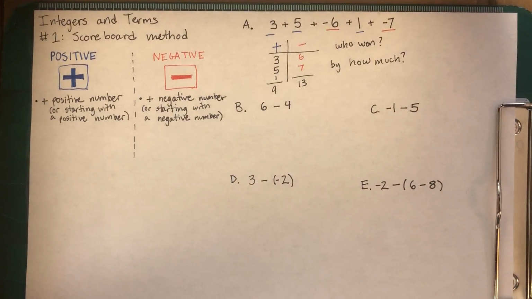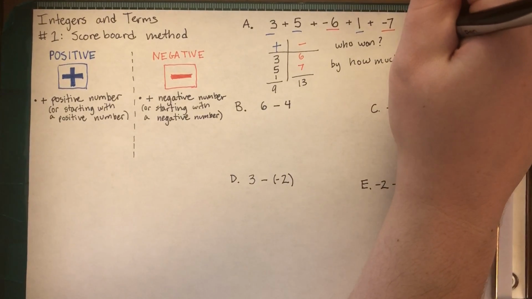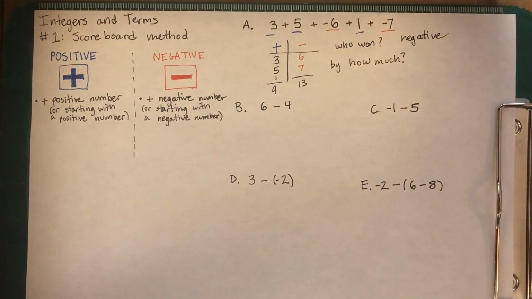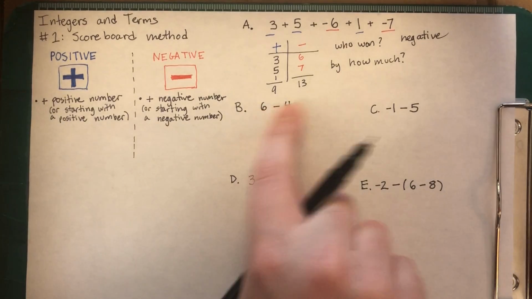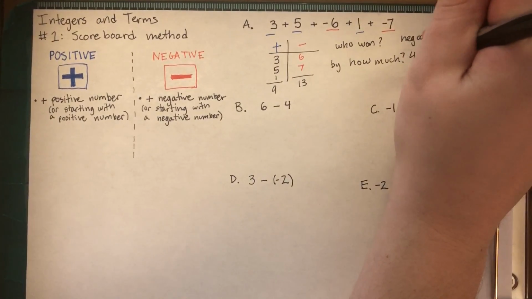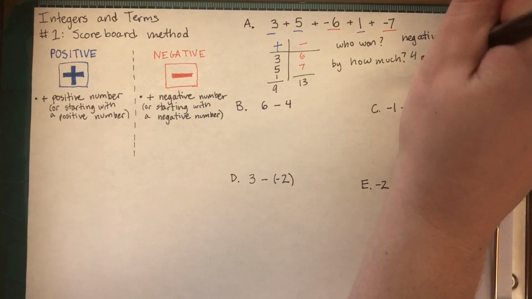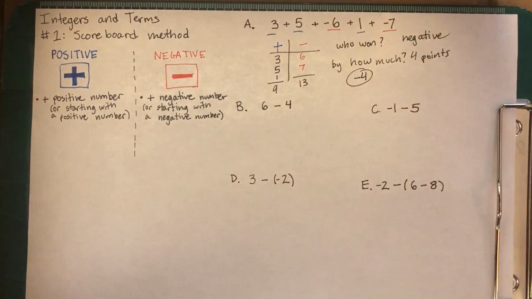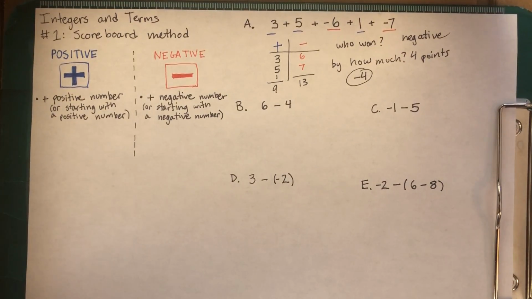So we can see here that the negative team won in this example by 4 points. That means the answer is -4.